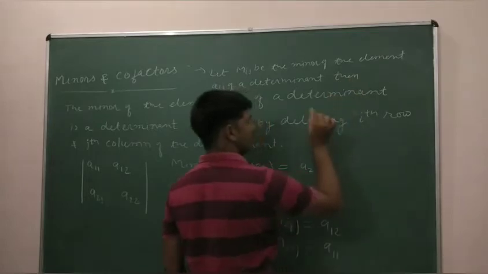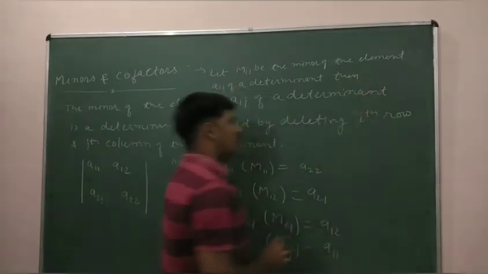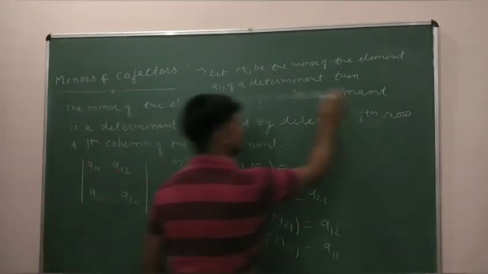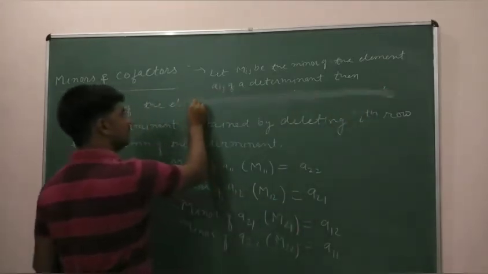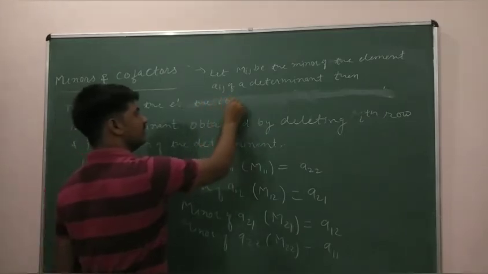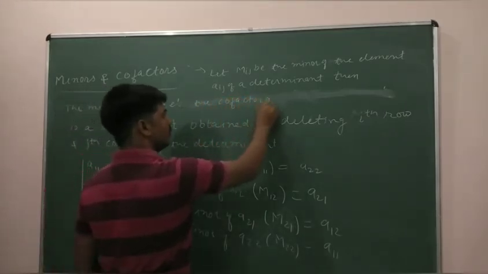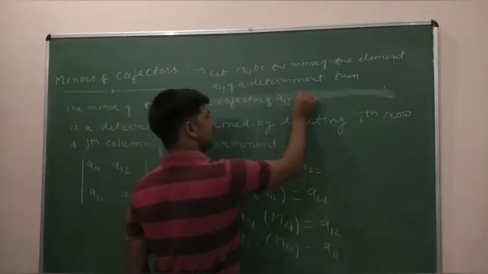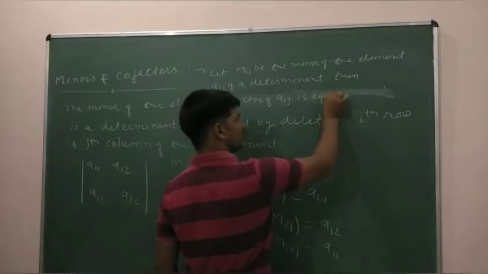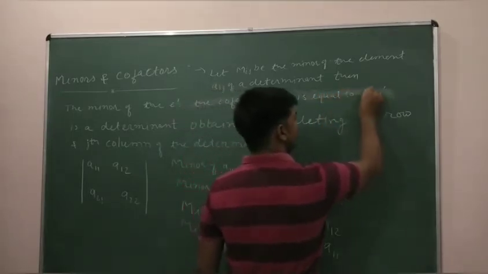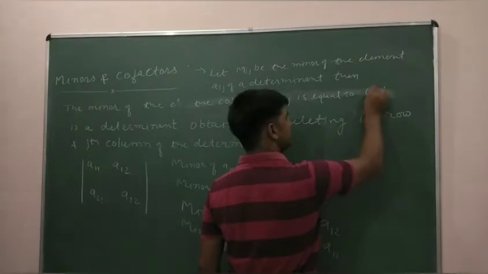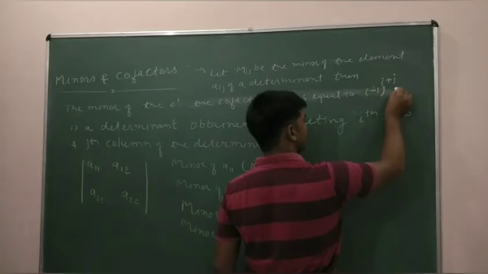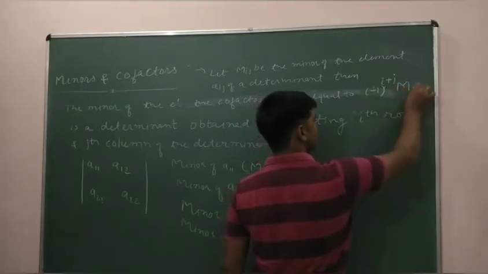Then the cofactor of Aij is equal to -1 raised to the power i plus j, times Mij.